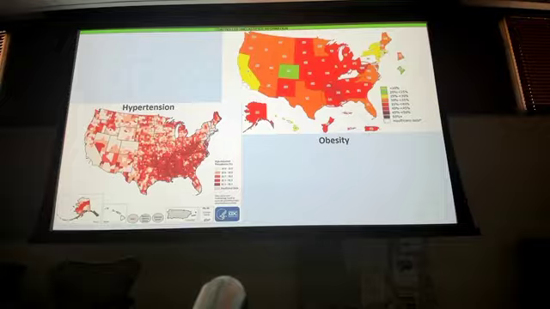But you can see the obesity rates are at the highest in that region of the country. So is there a correlation or causation associated with obesity and hypertension rates? One would think, right? But yes, if you're from any of those states, hypertension and obesity rates are much higher than the average in the United States.